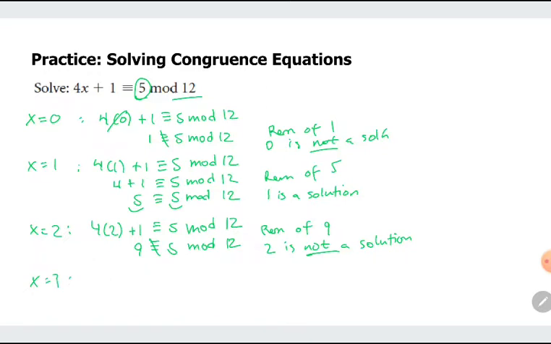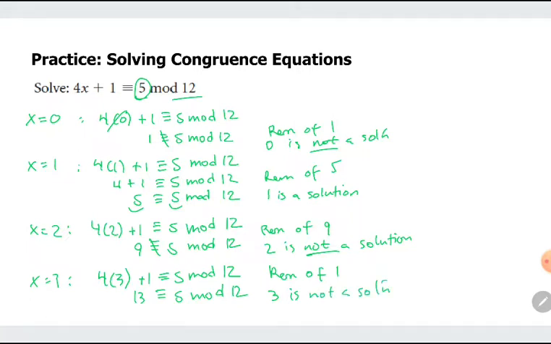So x is 3, so 4 times 3 plus 1 modulo 12. 4 times 3 is 12 plus 1, 13. So 13 divided by 12 is 1, remainder of 1. So 3 is not a solution.